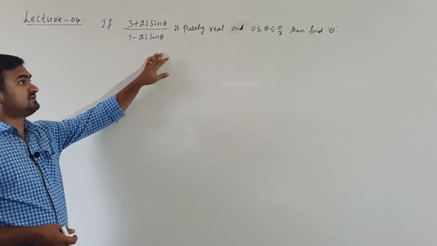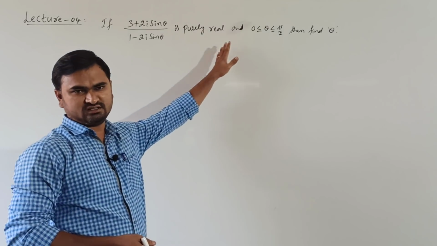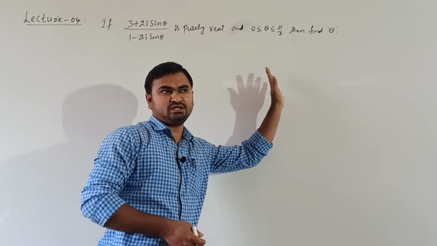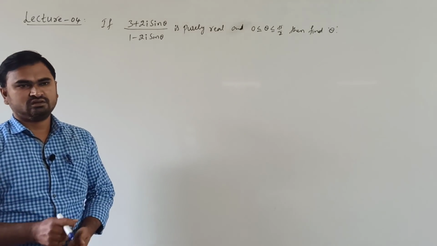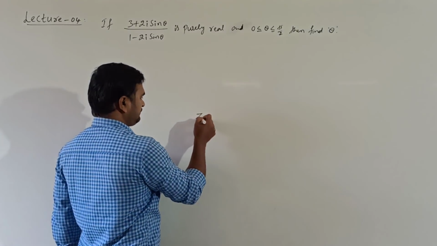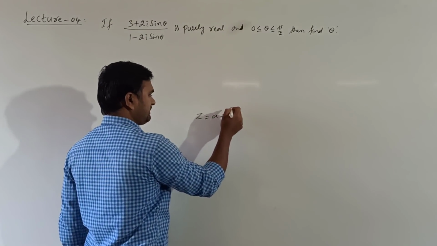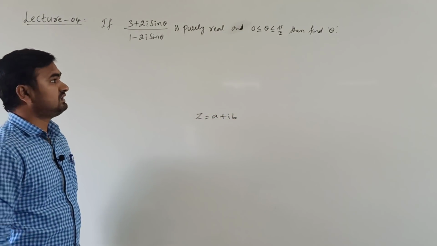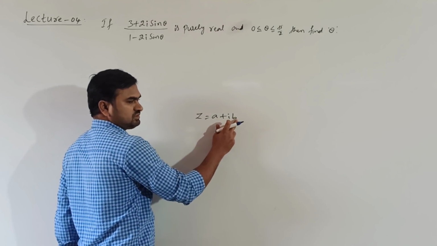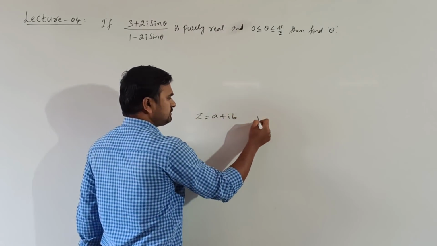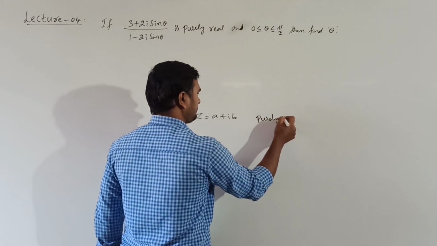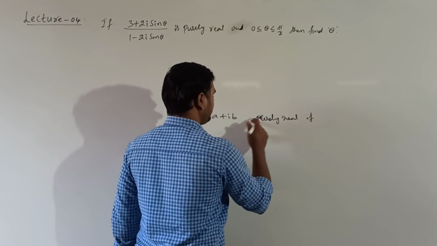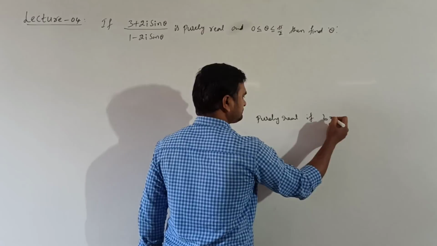1 minus 2i sin theta, is purely real. So this complex number is purely real. So what we know, when any complex number in the form of a plus ib is purely real, purely real means there is no imaginary part, so its imaginary part is 0.